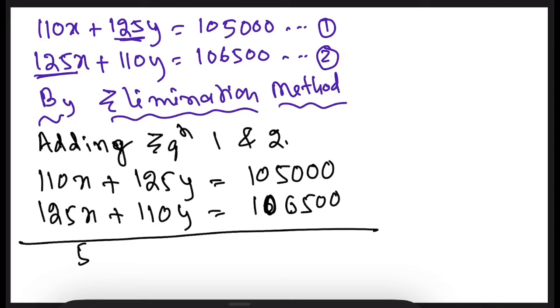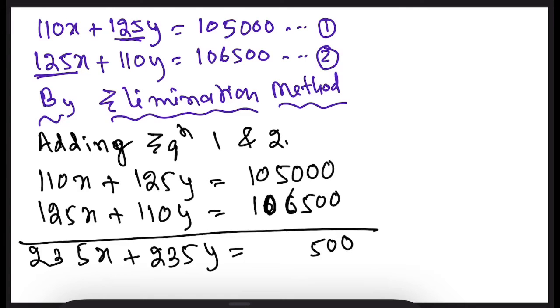This has become 235x plus 235y is equals to 211500. Now take the common 235. Now remain what?